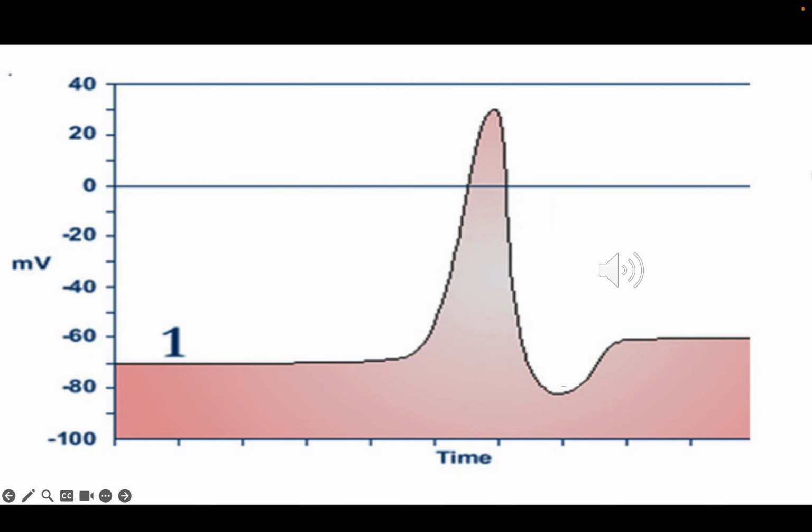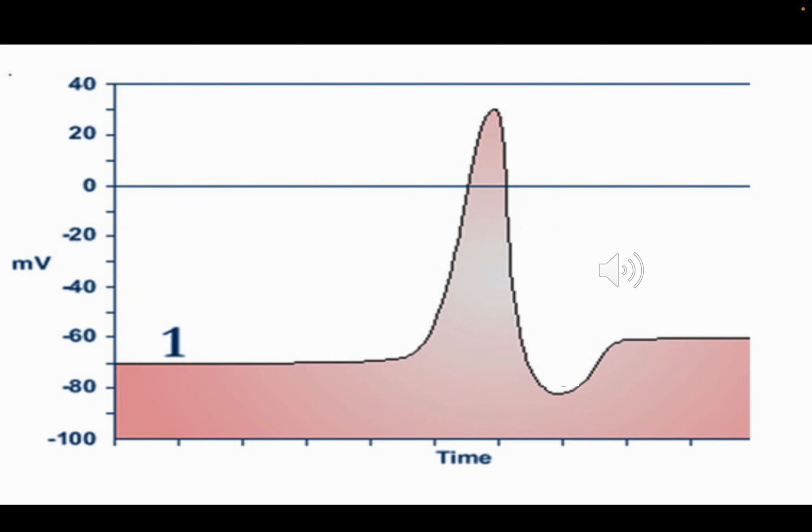Alrighty, so here I am explaining this graph. It's going to be quite short and simple, but later on I'll explain the peak going on. So basically, I'm explaining the number 1 here. Number 1 is resting membrane potential.